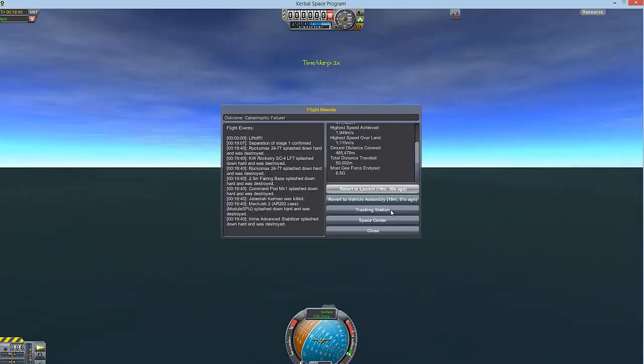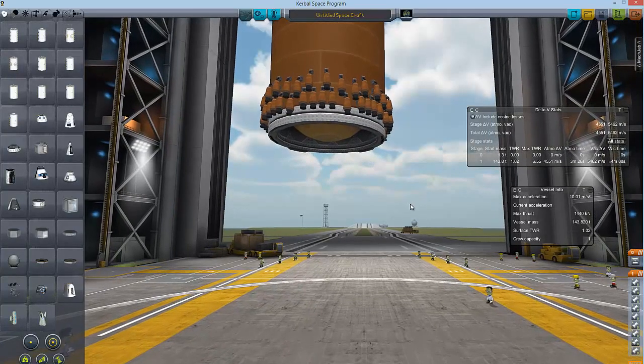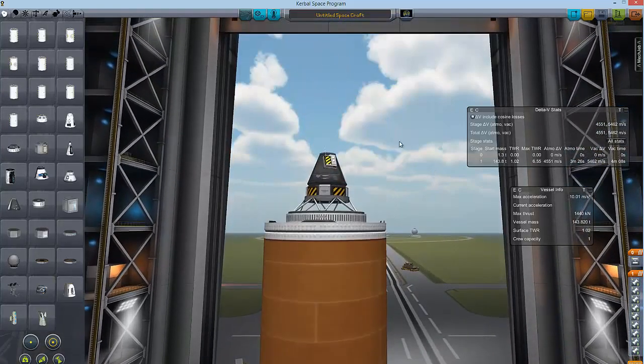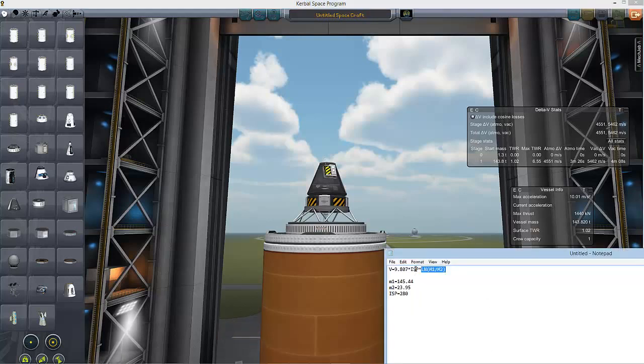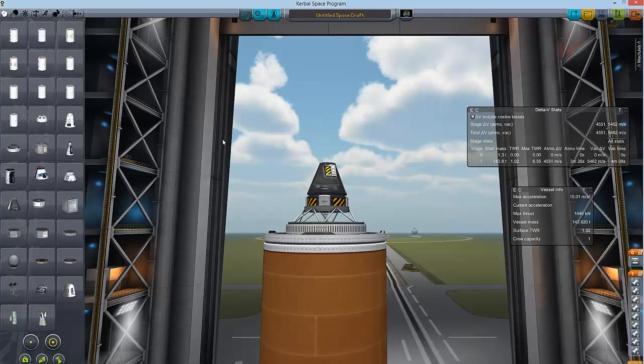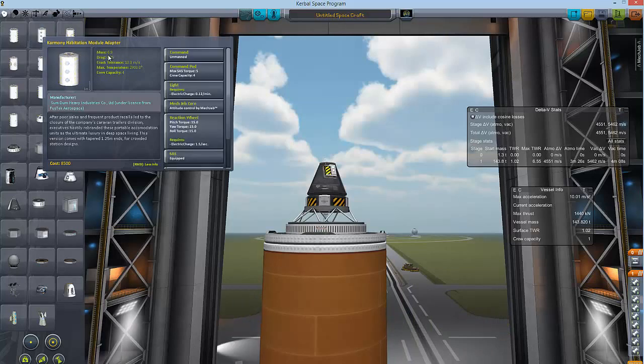Alright, let's head back to the vehicle assembly. And quick recap, pretty much when you're building your stuff, what you need is several things. You need the specific impulse, the total weight with fuel, and total weight without fuel. How to get the total weights of the fuel, or total weights of everything, is the mass. Mass, so for example, this is 6.9.